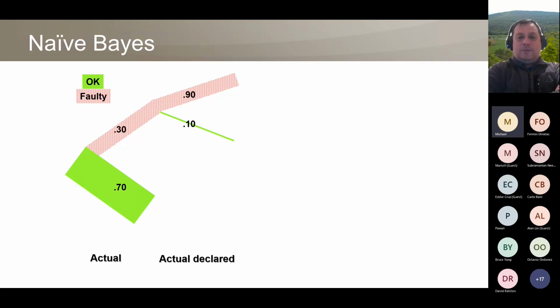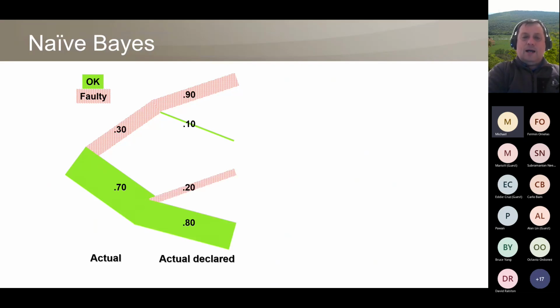But I have a friend, a mechanic, and this friend, let's say, decided to take a quick drive with me. And this friend is pretty good at finding faulty cars. So if a car is faulty, in 90% of cases, my friend will declare it as faulty, and in 10% of cases, incorrectly as good.